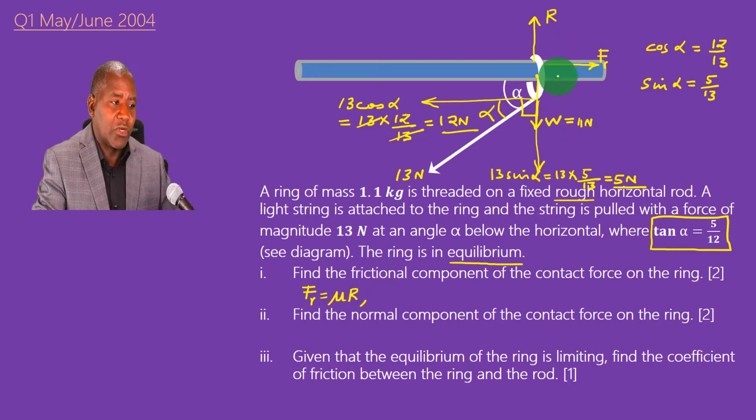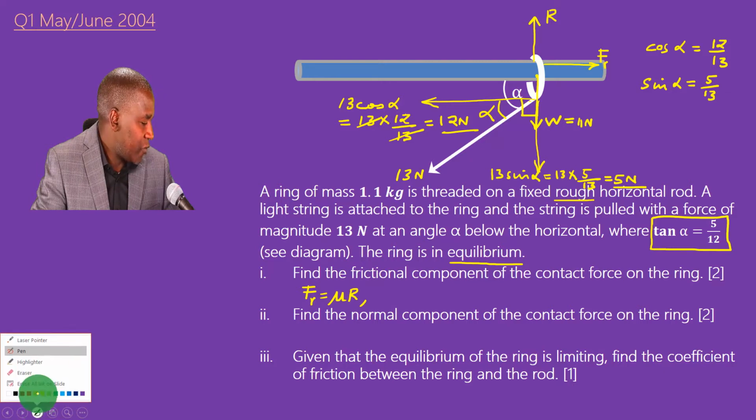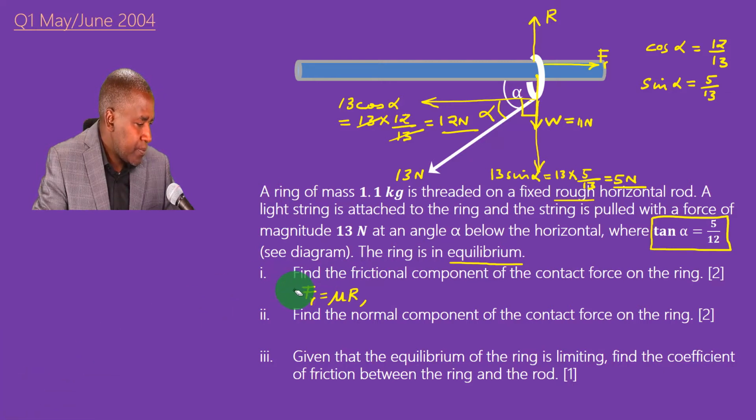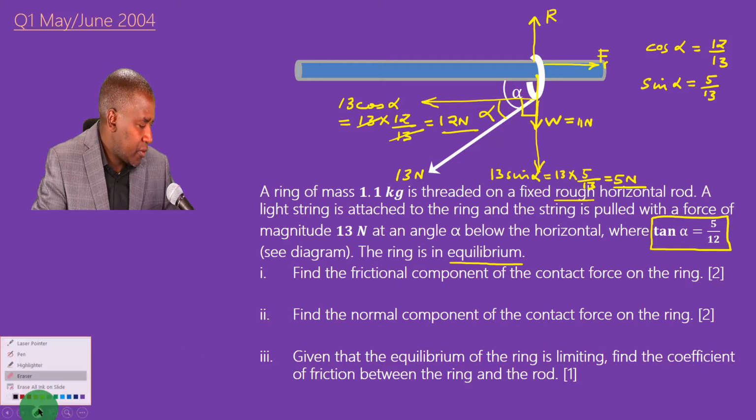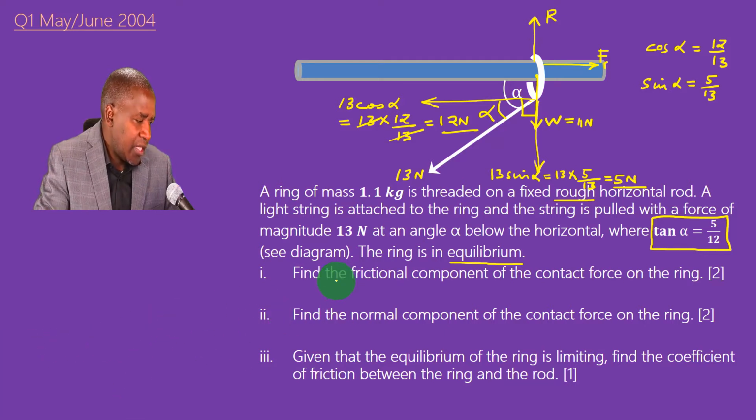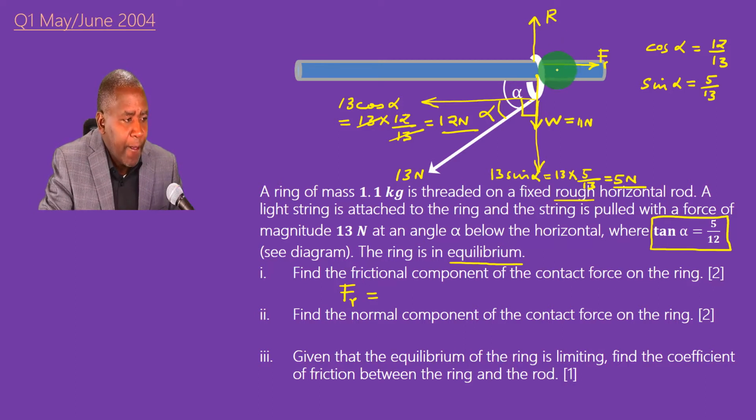So after resolving, I'm now in a position to come here and say, what is the frictional component? First of all, we have ruled out the use of this equation here. But in an exam, since you will be writing this information on paper, once you've written it, don't bother to erase. So the frictional component of the contact force is this. The resultant force on this ring is 0.